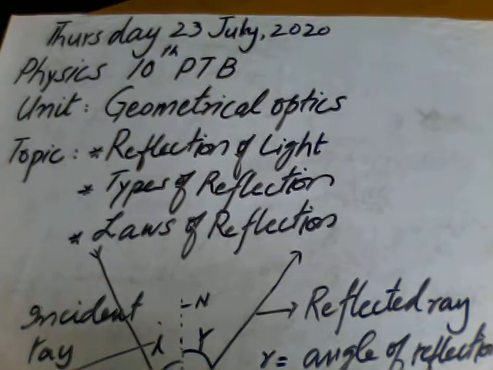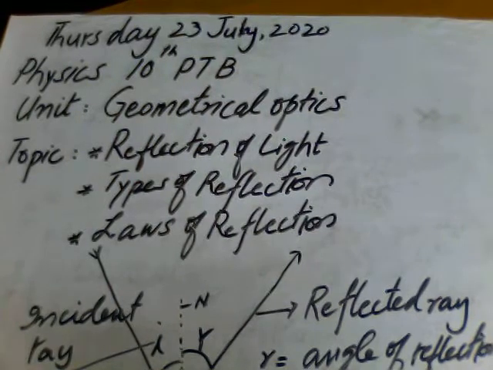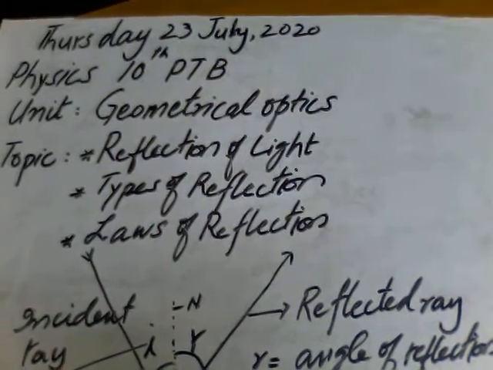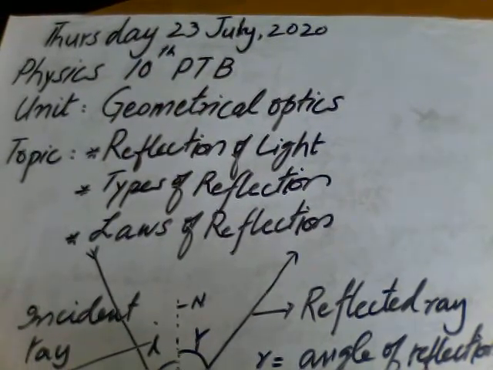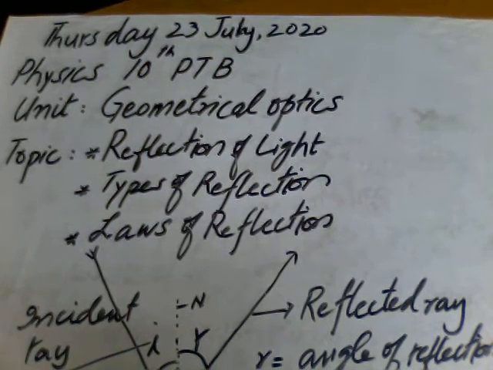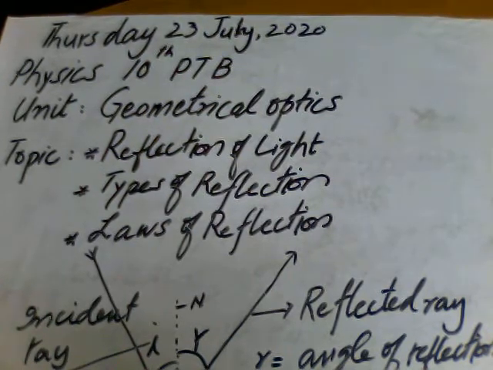The 12th unit is geometrical optics. Optics means related to eyes, vision of eyes. And you know how we are able to see things. Unless there is light, we are unable to see the things.